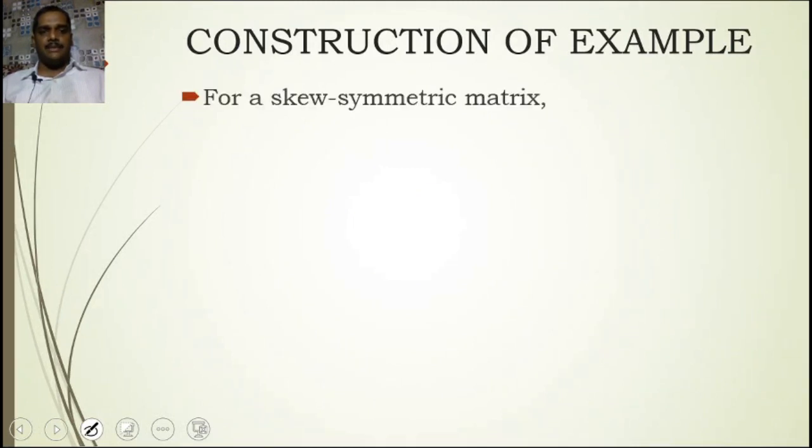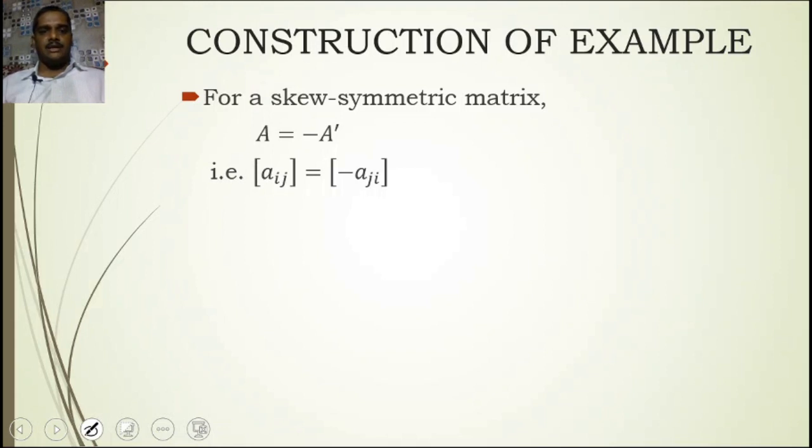And let's come to the main point. For a skew-symmetric matrix, the condition is A equals minus of A transpose, and that will give you aij equals minus of aji.